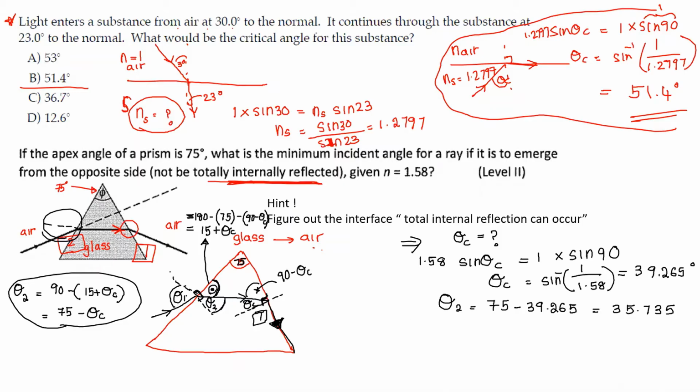Now we can figure out theta 1, right? Snell's law again, at the second surface. This is the first surface. For the second surface, 1 times sine theta 1 is equal to 1.58 times sine theta 2. Theta 2 is 35.735.